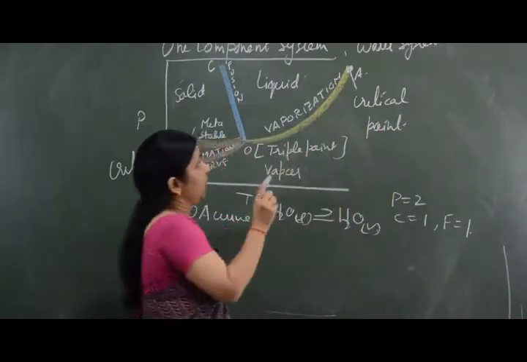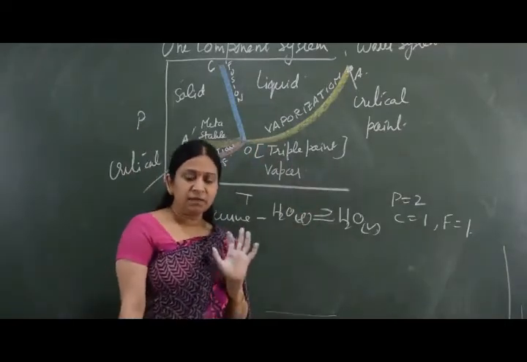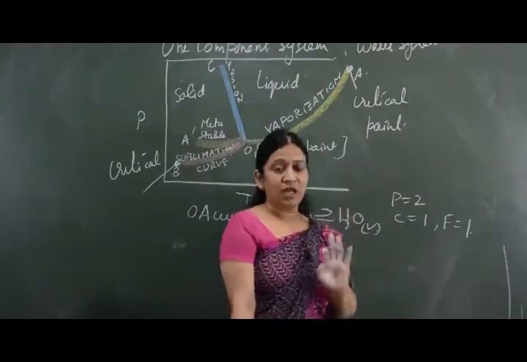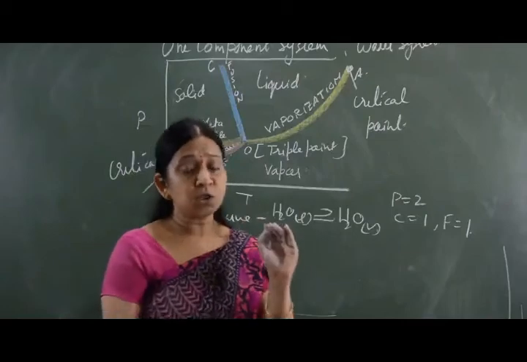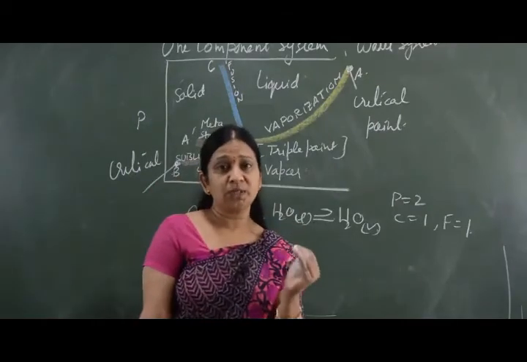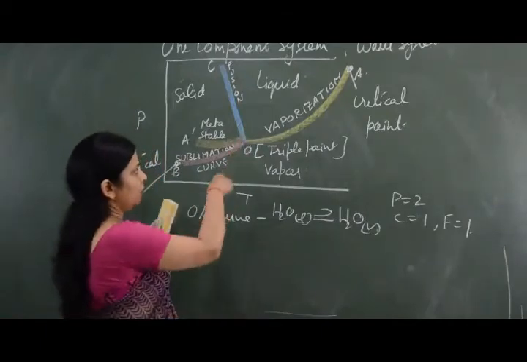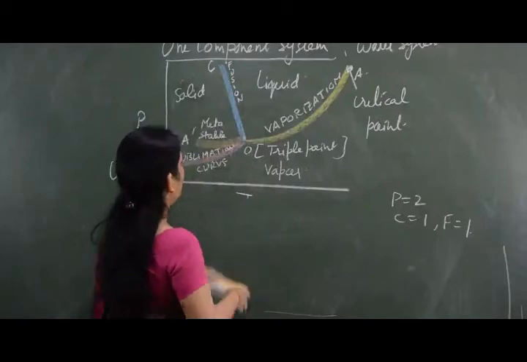At this point A, water in liquid state and water in vapor state are indistinguishable, and beyond this point A, the water exists only in vapor state. So it is the highest point at which water is going to exist in liquid state. So this is the second curve OA. Next we come to the curve OC.